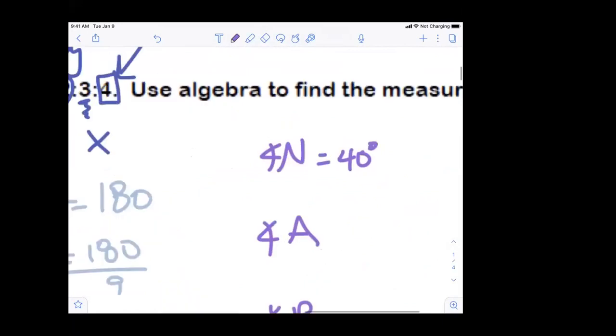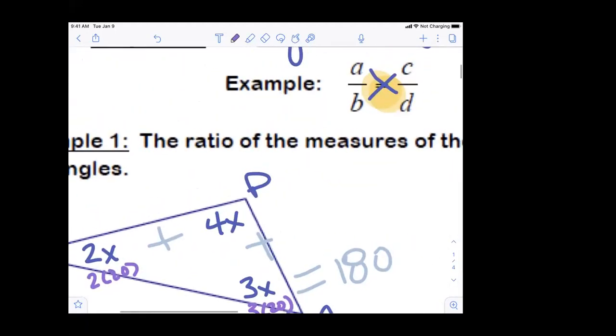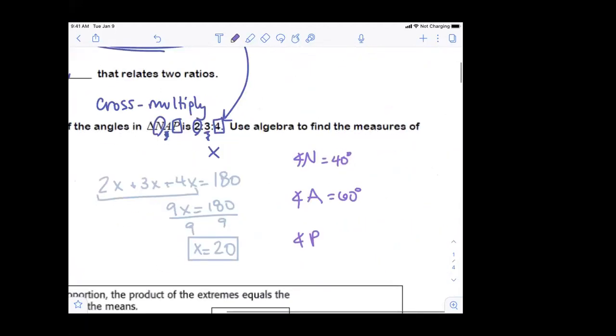So go write 60 for angle A. I'll stop jumping around in a second, I promise. And then the last one is P, which is going to be 4 times 20, which is 80. That's what all of my angles are when you plug in for x.